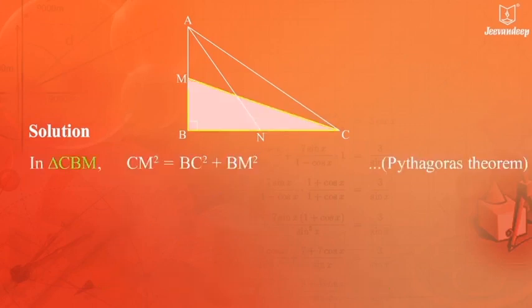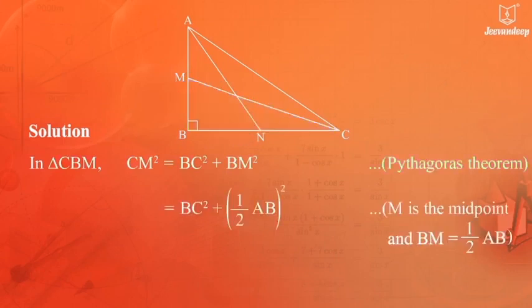In triangle CBM, CM square equals BC square plus BM square, according to Pythagoras Theorem, equals BC square plus half AB whole square, as M is the midpoint and BM equals half AB.